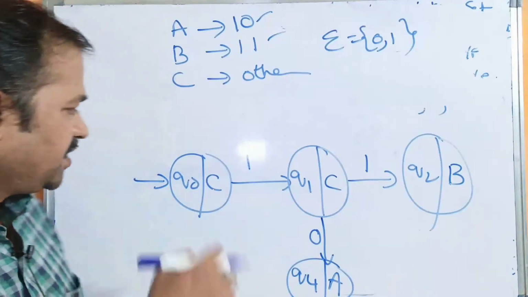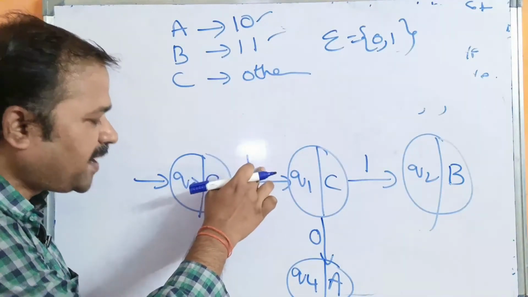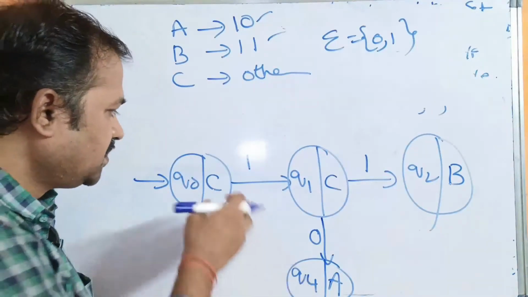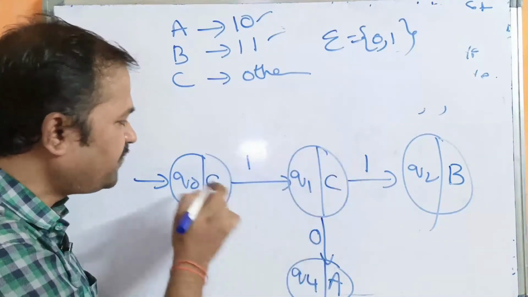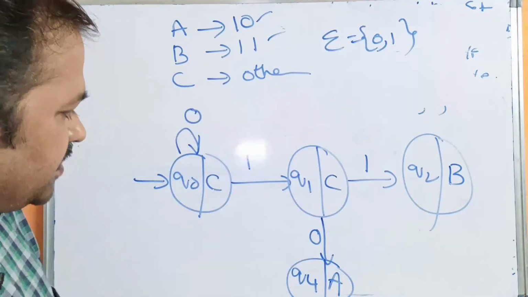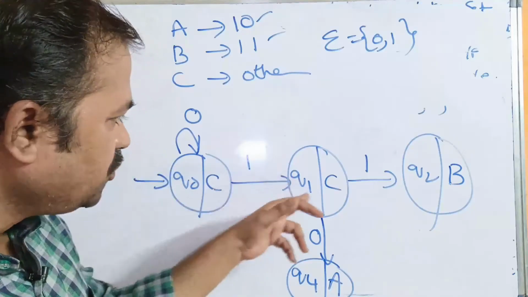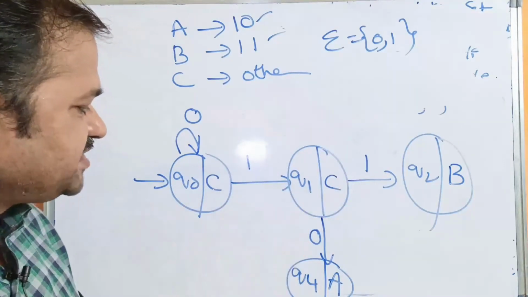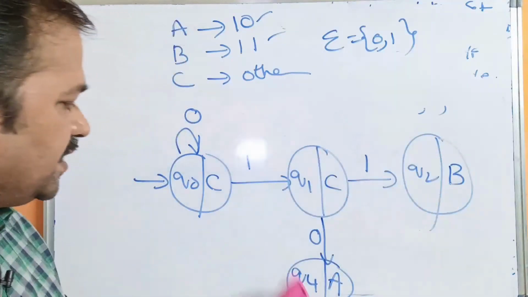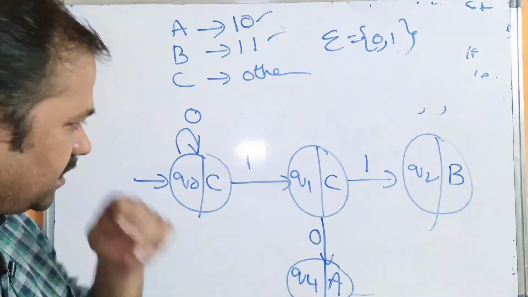There is no problem. On Q0, 1 is applied. Now we have to apply 0 on Q0. If you take Q1, on Q1, 1 is applied as well as 0 is applied. Next we have to apply 1, 0 on Q2 as well as 1, 0 on Q4.